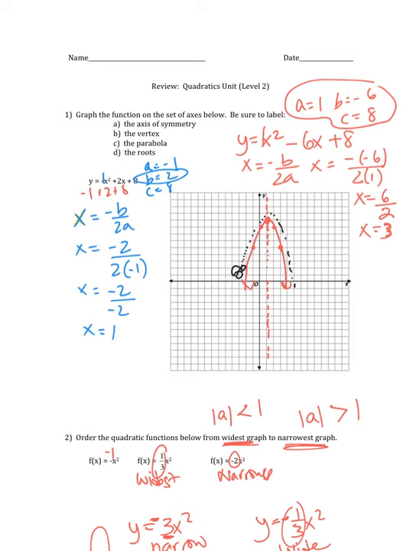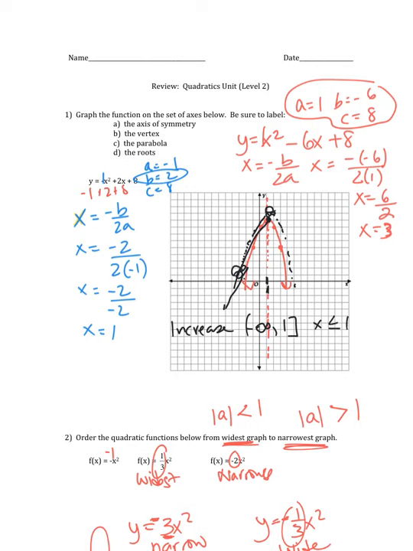So your interval of increase is all the x values from -infinity, because this keeps getting wider and wider, all the way up to 1, because that's where the highest point is, where the parabola stops going up. Your car would stop going up here. So your interval of increase is -infinity to 1.